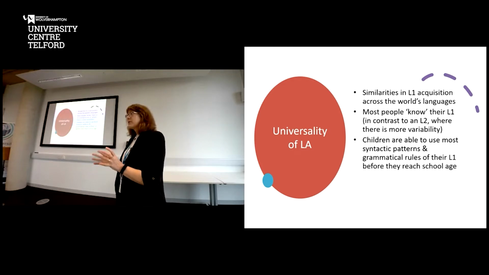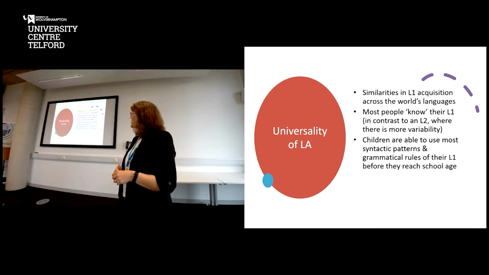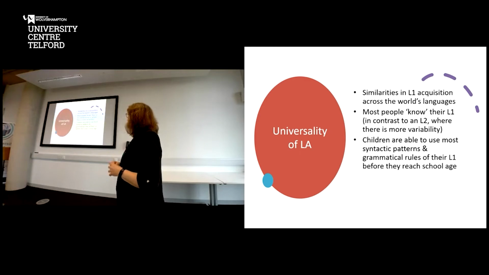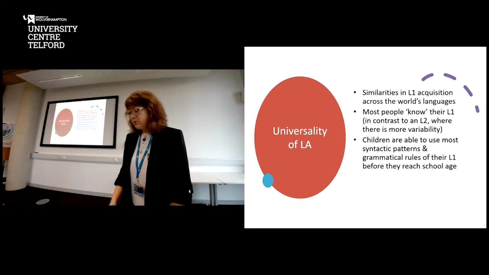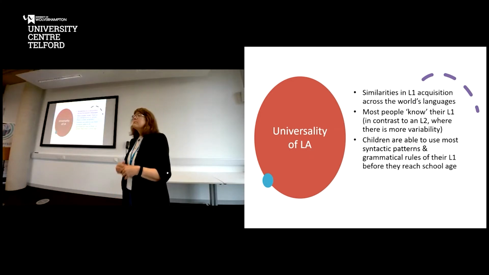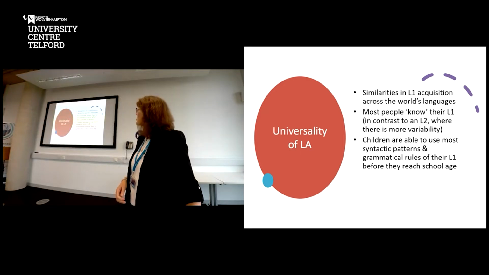In contrast to perhaps any L2 or second language or another language that you might speak, where there tends to be quite a lot more variability. And also, children are able to use most syntactic patterns and grammar. So really, children are familiar with grammatical rules before they reach school age. So by the time they go to school, in the case of English, passives, there's still some acquisition going on, but most of the grammar that they need is there by the time they go to school.